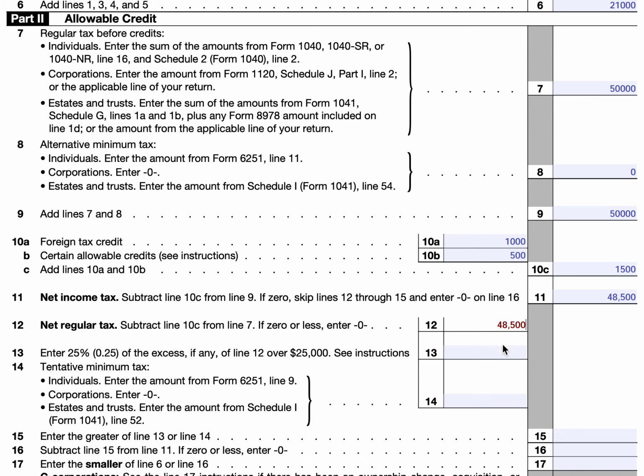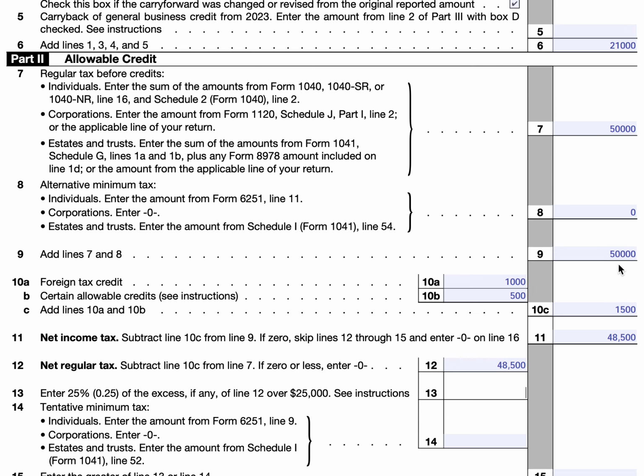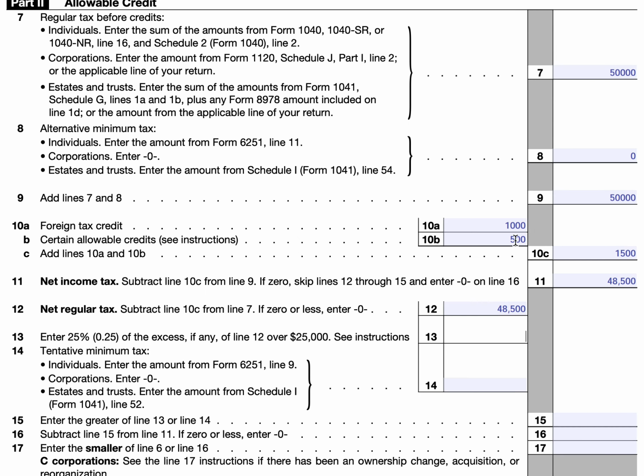So in here, you'll enter 25% of any excess over $25,000. So what I'm going to actually do is make this math a little bit easier and round this all up.